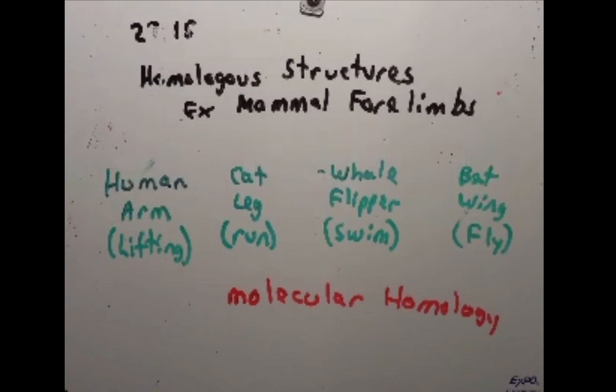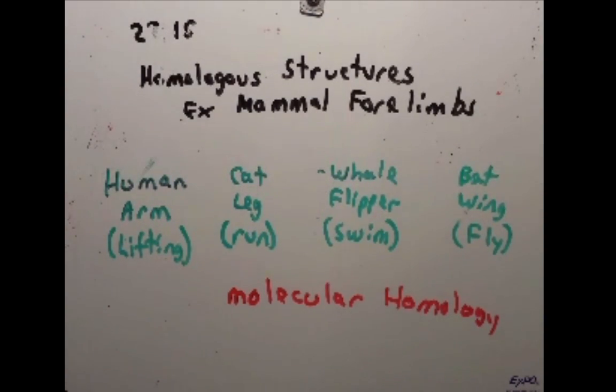The genes, the developmental genes that lead to an arm, to a leg, to a flipper, or a wing, are remarkably similar between these four different organisms. And again, it's not a single gene, it's a whole set of genes. But these genes have very few nucleotide differences from one organism to the next.